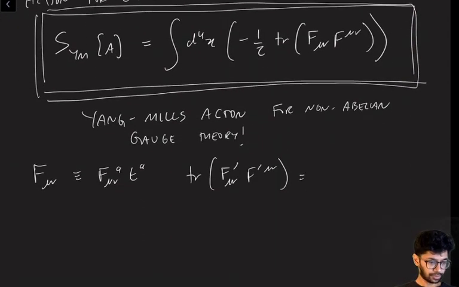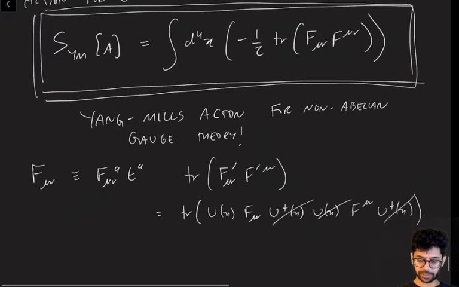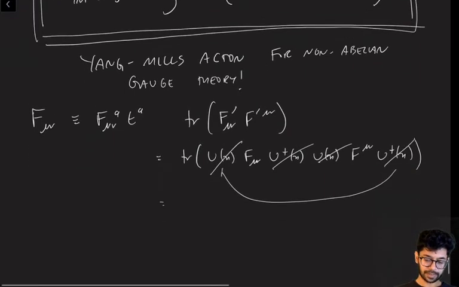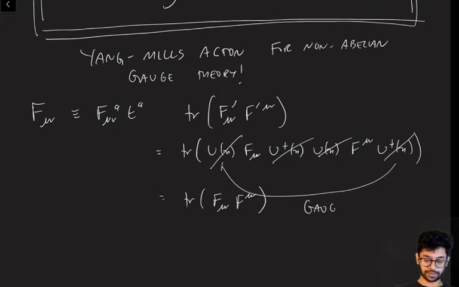So this goes to the trace of U(x) F_μν U†(x) U(x) F^μν U†(x). And then these cancel. We take the trace, this one comes around and cancels against that. And so we find that this is equal to the trace of F_μν F^μν. So indeed, it is gauge invariant.